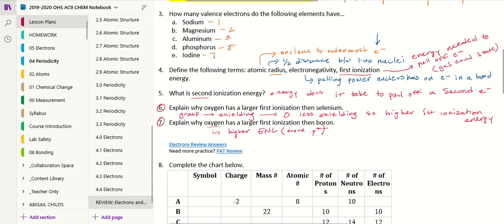And if it has more protons, that means it has a higher attraction from the nucleus to the valence electrons. So, if it has more attraction, it has a higher first ionization energy for oxygen. Why does oxygen have the higher first ionization energy?